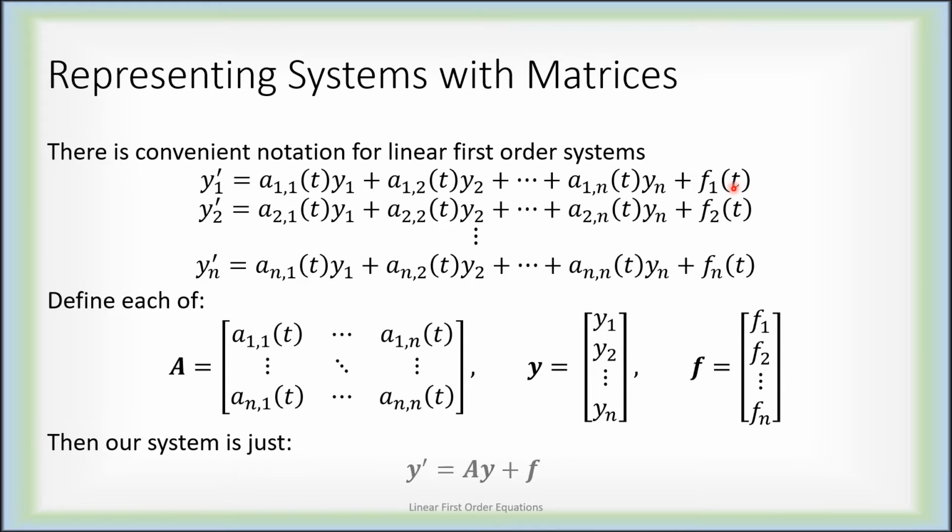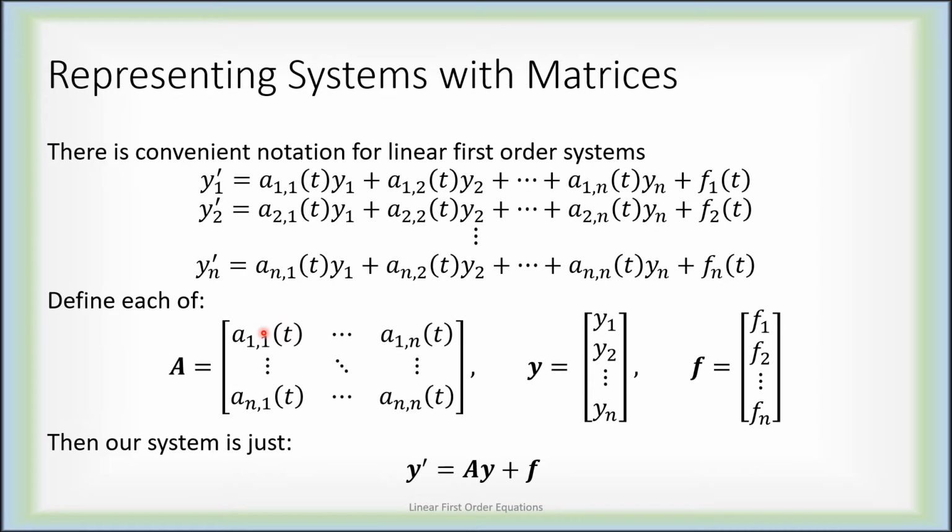Then the original system is just y prime. The derivative of this column would just be a derivative of each term, y1 prime, y2 prime through yn prime. The product Ay, well, this is n by n, this is n by 1, so the result is n by 1. So what would be the first entry?